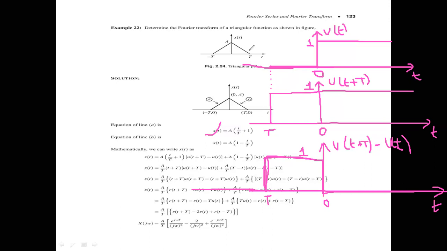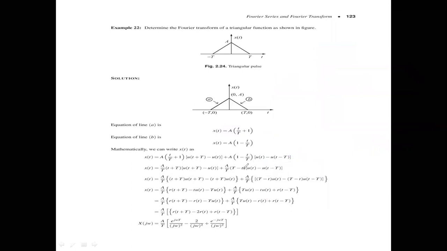Coming to the second one. I hope everybody can understand this graphical representation and the mathematical expression, my dear students. Coming to the next one, mu of t minus T. Why is it a minus here? Again I'm drawing mu of t.